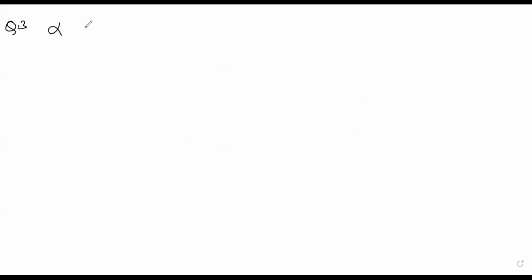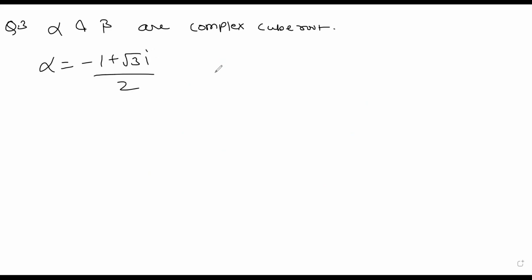Question number 3. If alpha and beta are complex cube roots, then alpha is minus 1 plus root 3i upon 2 and beta is minus 1 minus root 3i upon 2.